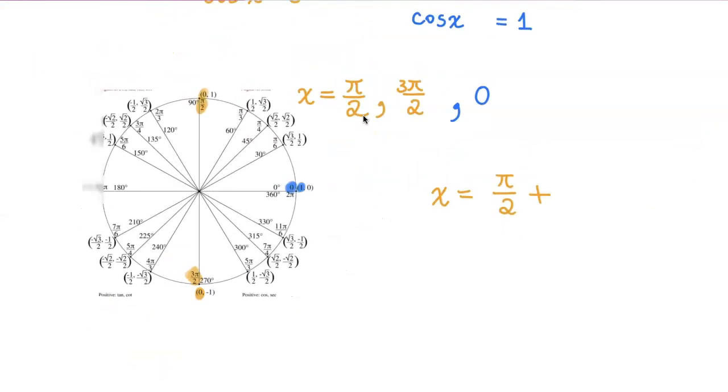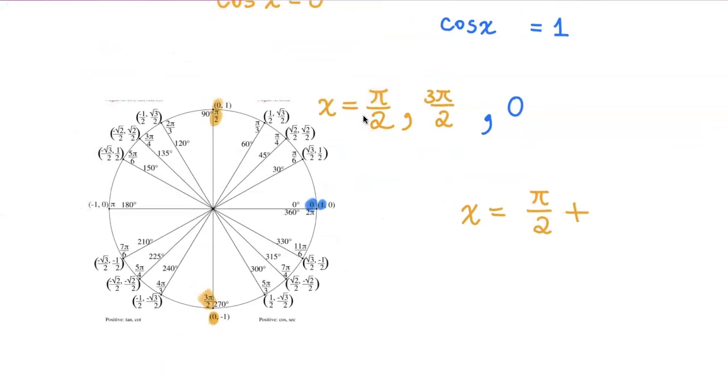So if you want to give them a general solution, okay, keep on going around the circle infinitely many times, you can add 2k pi, and k stands for any integer, okay? If I put k equals 1, I mean go around one circle. If I put k equals 2, that means go around two circles, okay?